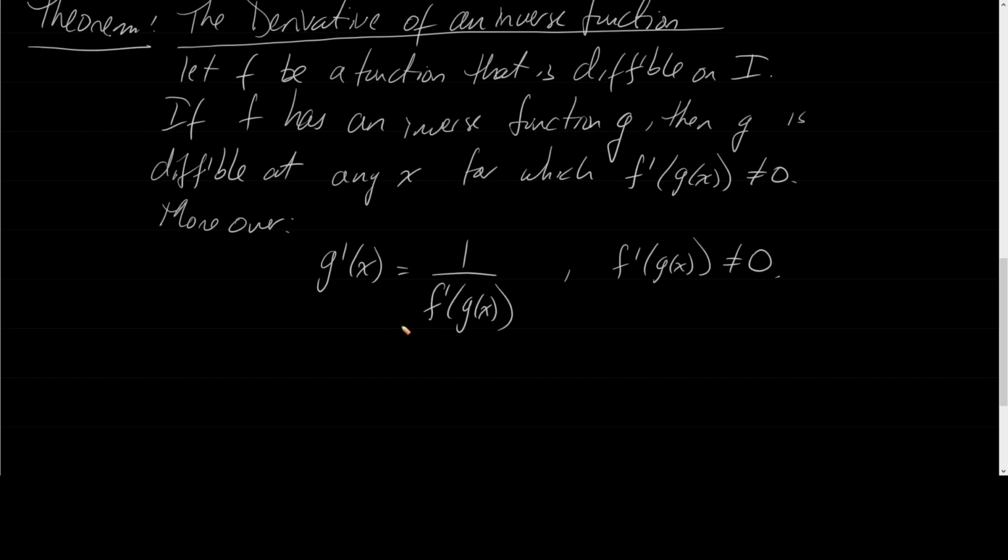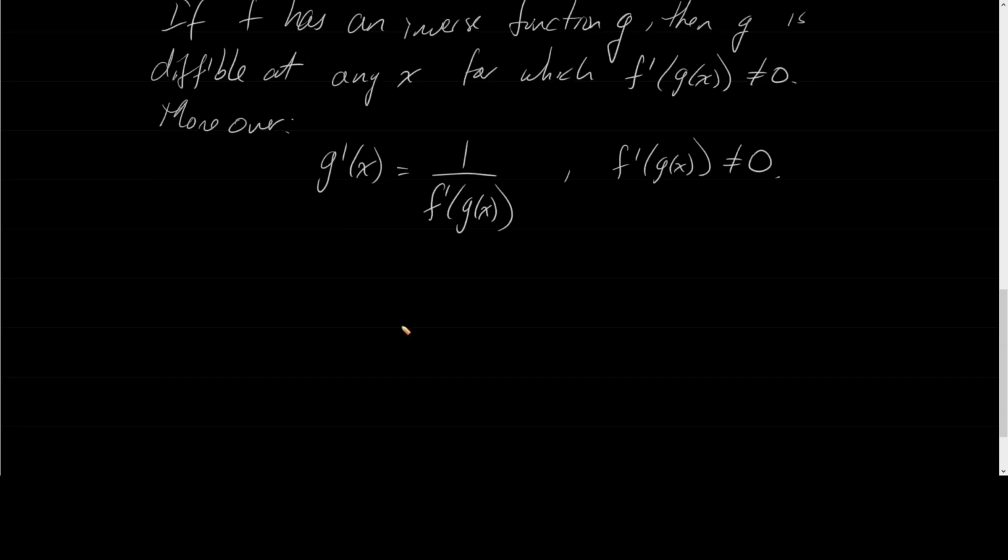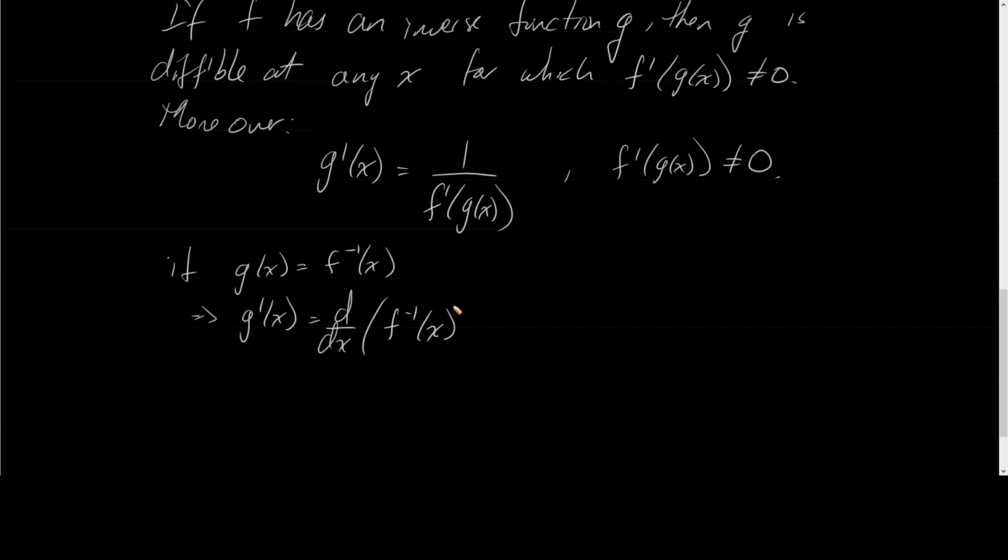Now let's put this in terms of inverses. All right, so if g of x is equal to f inverse of x, then g prime of x will be the derivative with respect to x of f inverse of x.